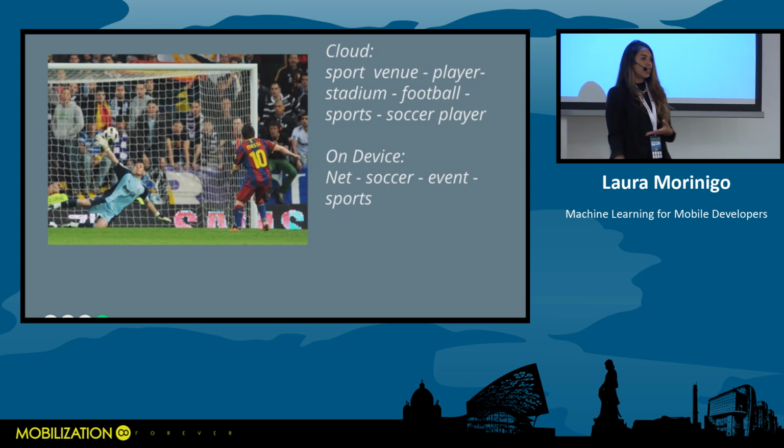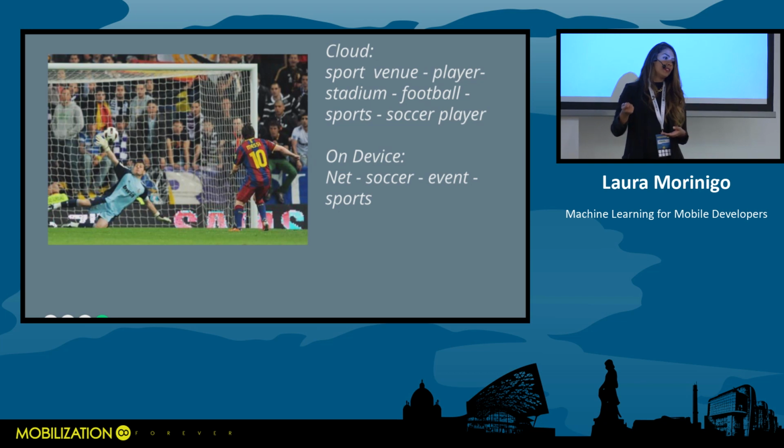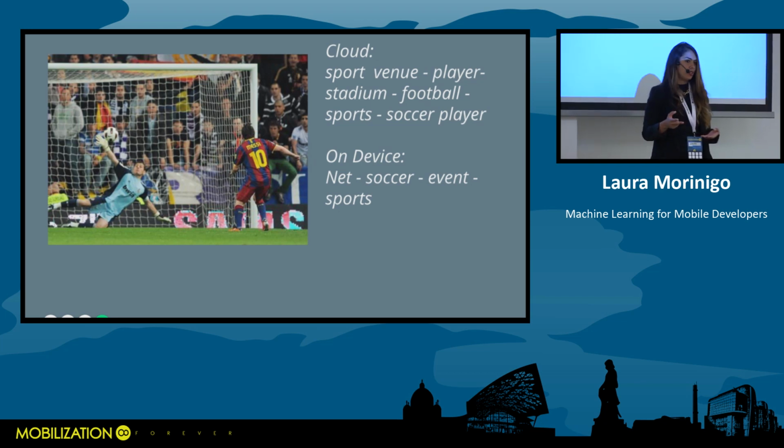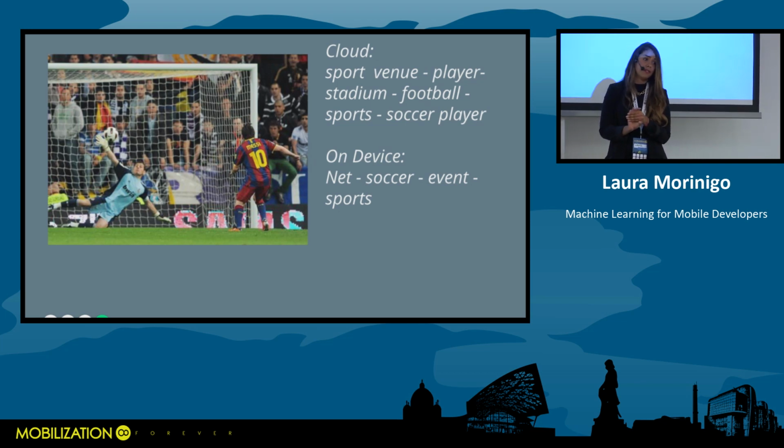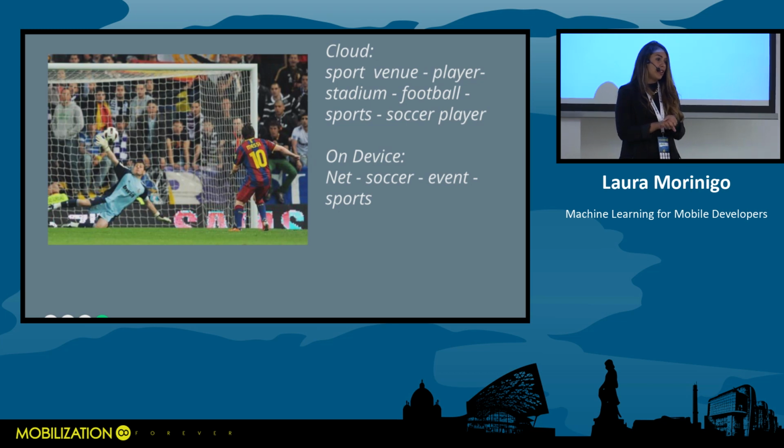For example, when I'm trying to upload an image in the storage, right? And then I just do cloud functions, and one of the examples that we have, also in the codelabs, is to check if the image that I'm uploading is violent or not.